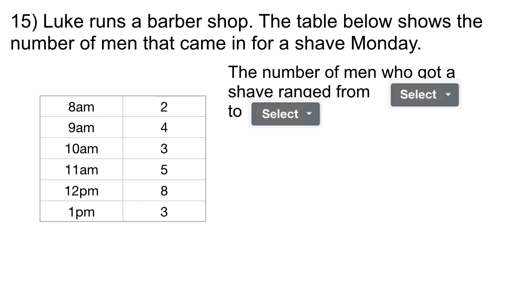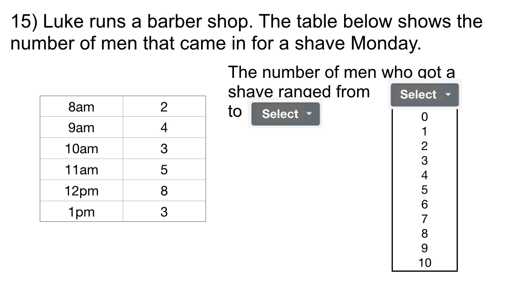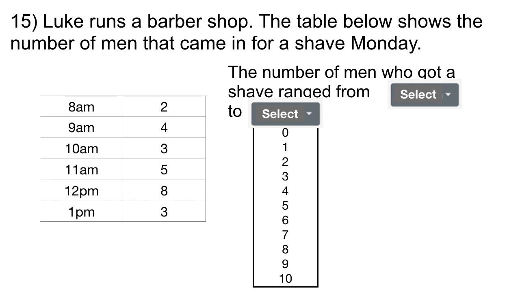It asks you, the number of men who got a shave ranged from that amount to that amount, and it's giving you numbers 0 to 10. And this is to trick you, by the way, because the maximum number is 8, it's not 10.